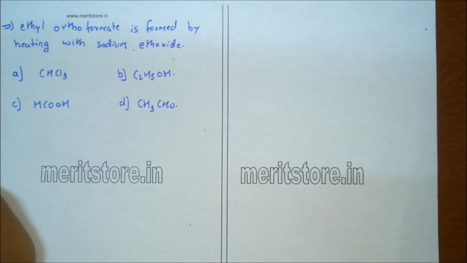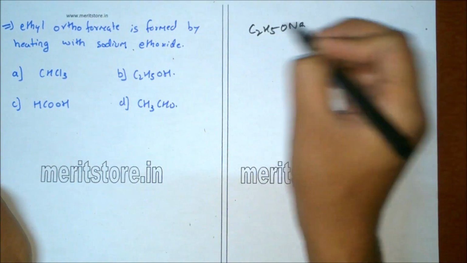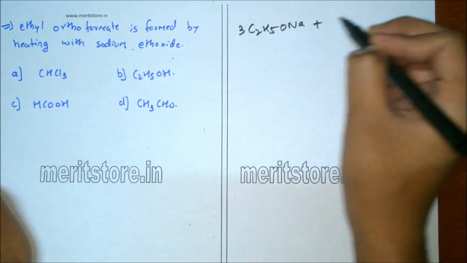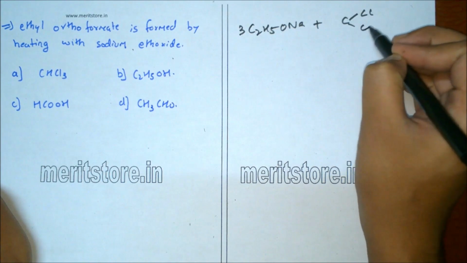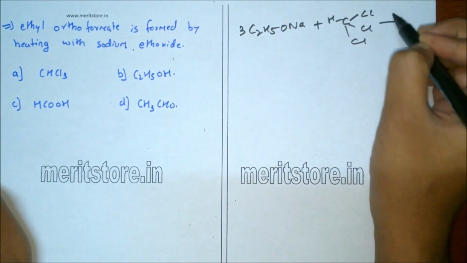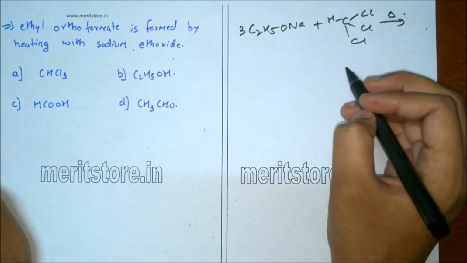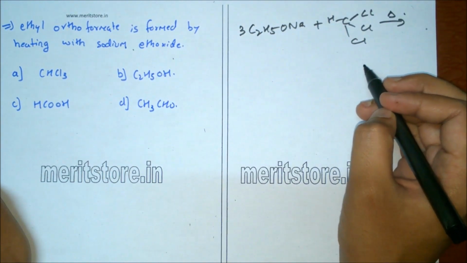Ethyl orthoformate is formed by heating with sodium ethoxide. So when sodium ethoxide, that is C2H5ONa, reacts with the carbon attached to 3 chlorine atoms on heating, it will give ethyl orthoformate.